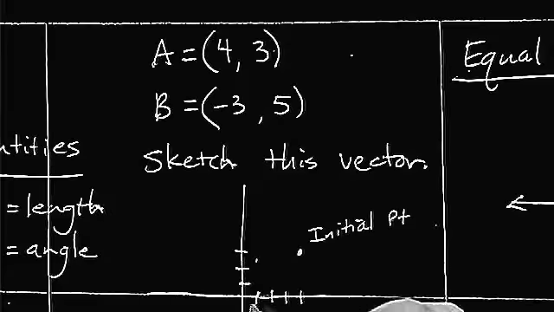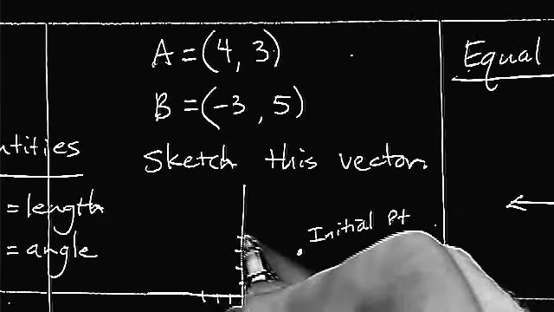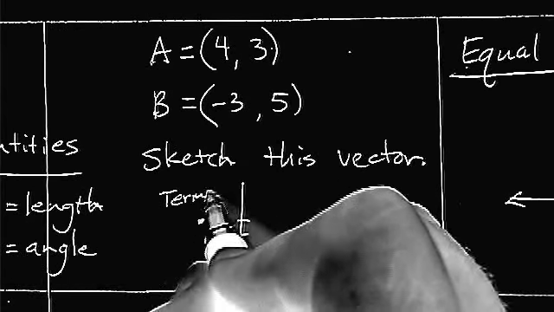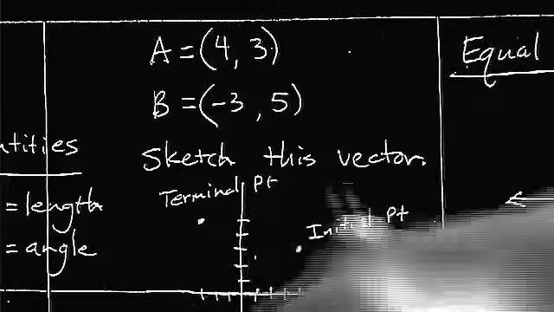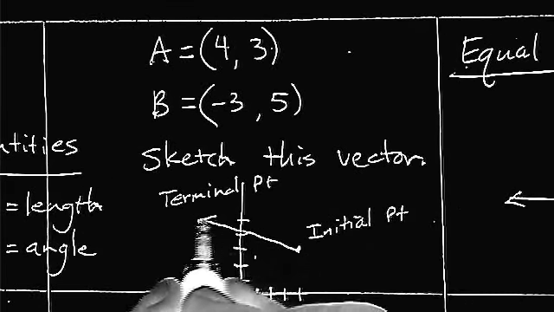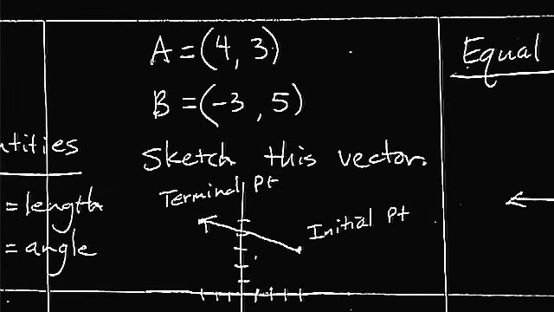And then the other one, negative 3, 5, 1, 2, 3, 1, 2, 3, 4, 5. This one is called the terminal point. But here's the vector. It also has a magnitude, which would be the length of the vector, and a direction.